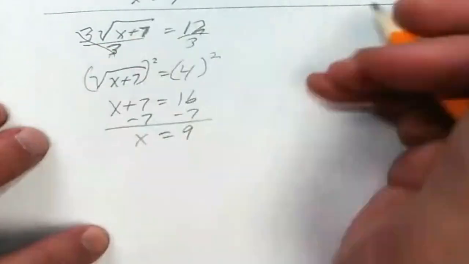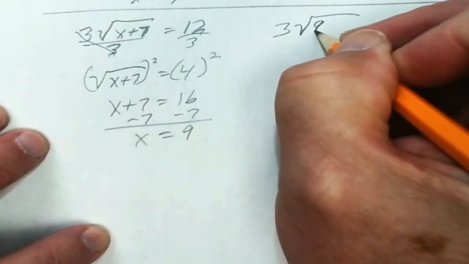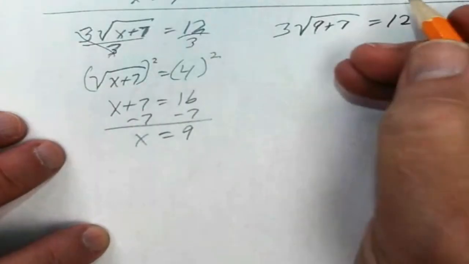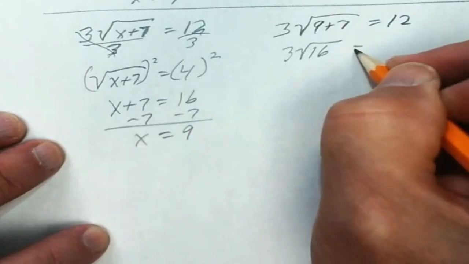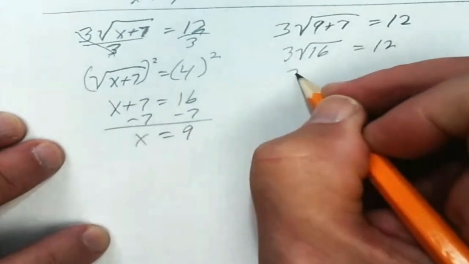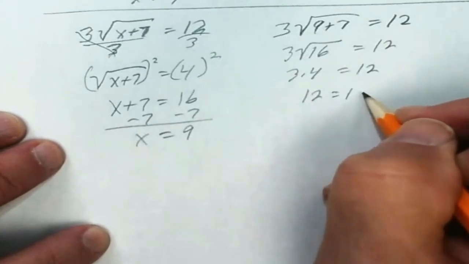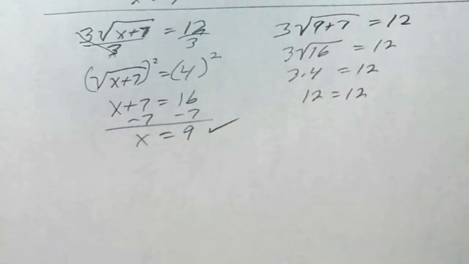Now again, let's check it. 3 times the square root of 9 plus 7 equals 12. 3 times the square root of 16 equals 12. 3 times 4 equals 12. We're good. It checks out. X equals 9 is a solution and is not extraneous.